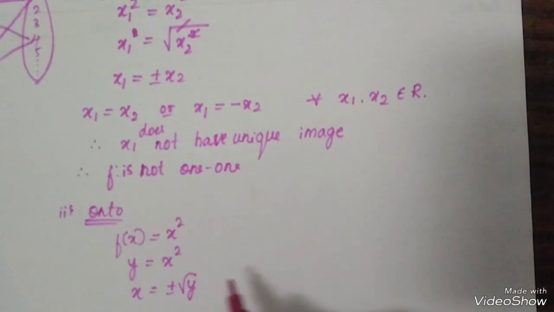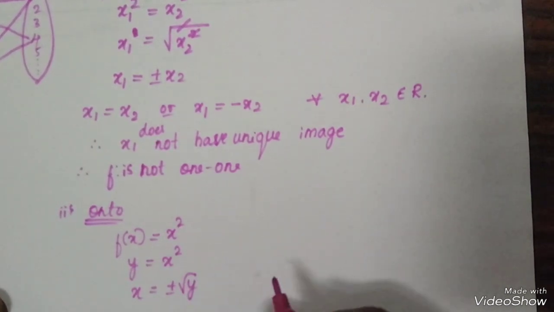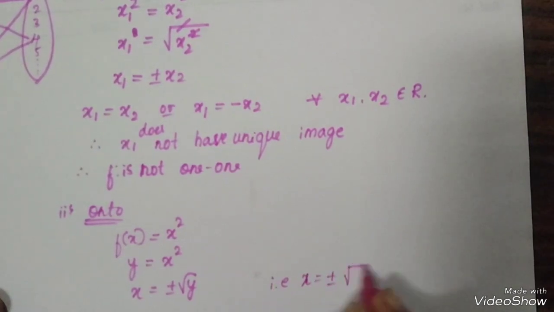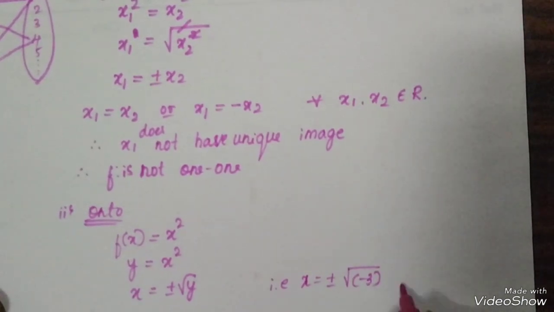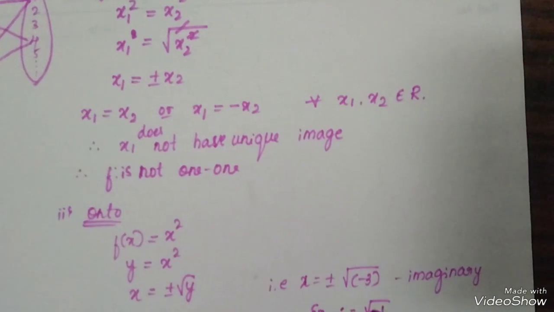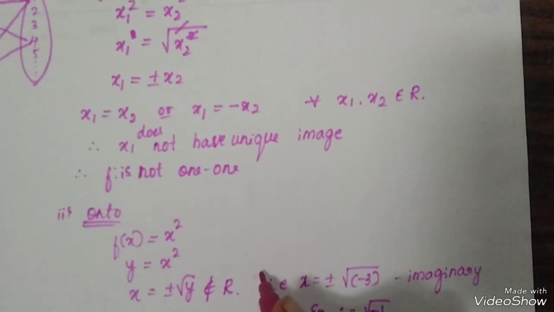Now taking y as a negative value, x equals plus or minus root of minus 3. The root of negative values is imaginary. For example, i becomes root of minus 1. Whatever negative real numbers are taken as y, we don't get a real number again, which does not belong to the real numbers.